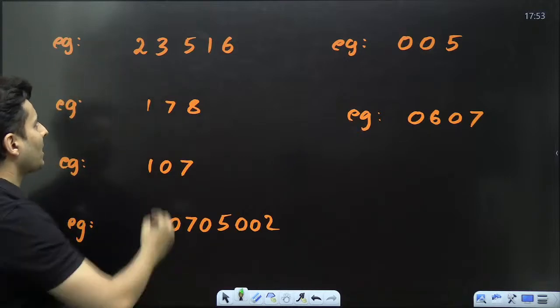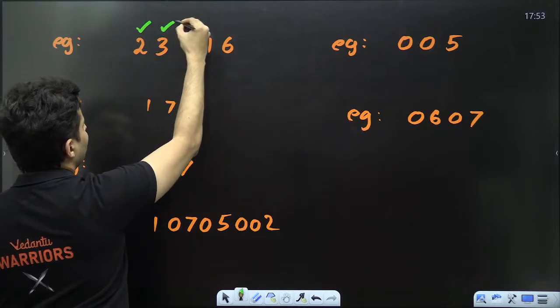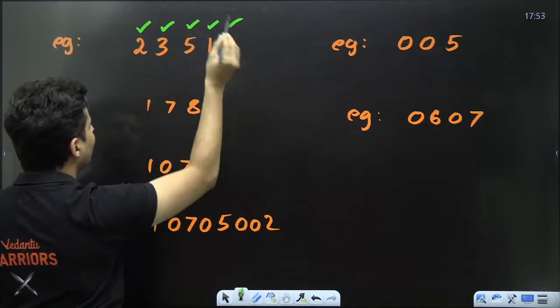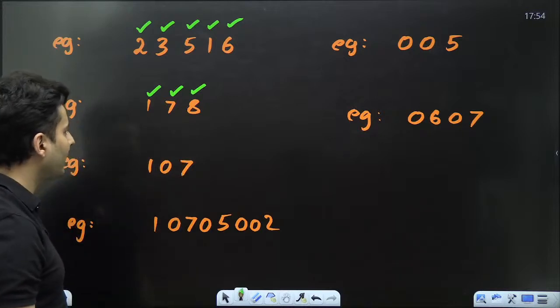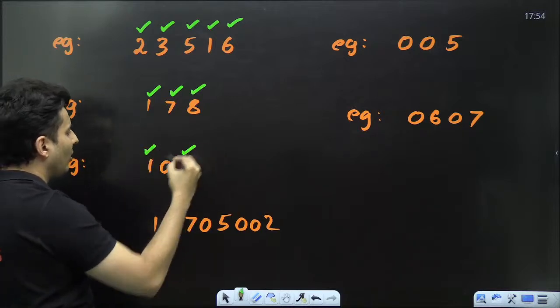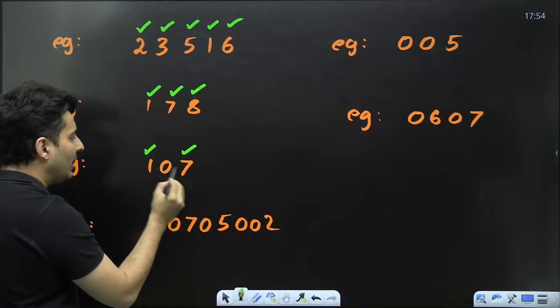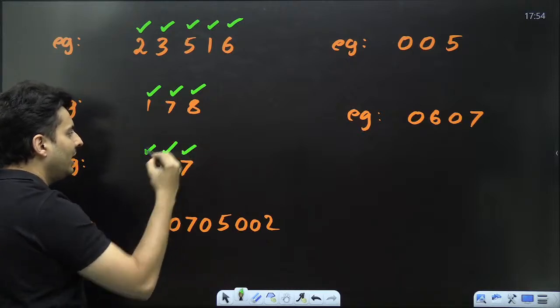Here all these are non-zeros, so they are significant. All the non-zeros are always significant. If a 0 is between two non-zero numbers, then it is significant.